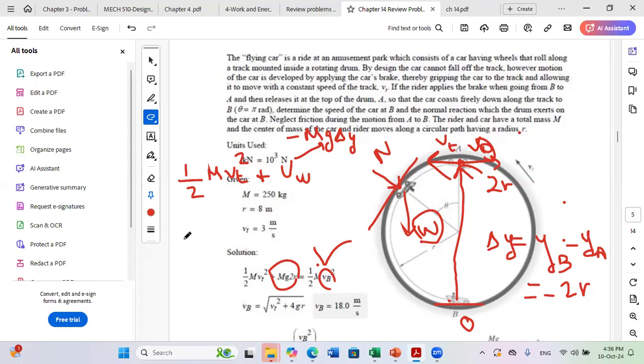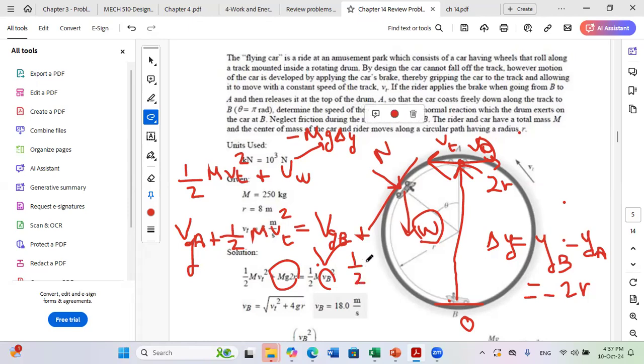I can say the gravitational potential energy at point A, V gravitational at A, plus the kinetic energy at A, which is half m v top square, equals the gravitational potential energy at B plus half m vB square. And I need to consider a datum, okay?